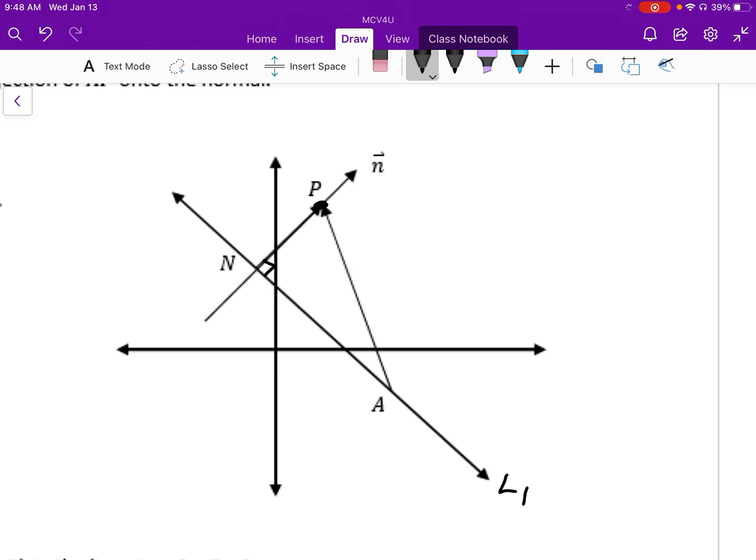The normal vector of the line is perpendicular already. And since it's a vector, we know we can move it anywhere. So we can move the normal vector so it goes through the point P, and then we have that N and P are on the normal vector.